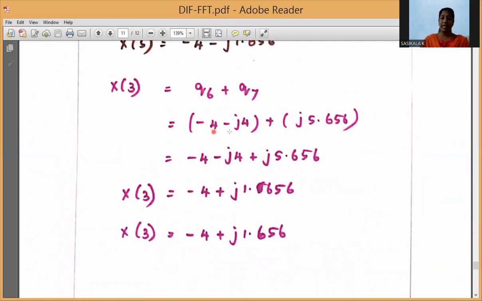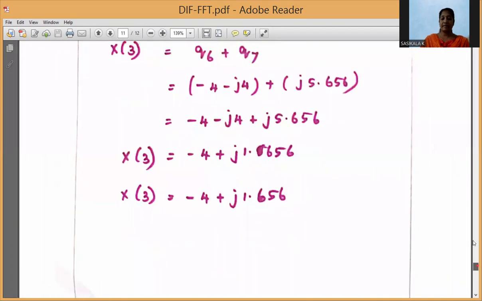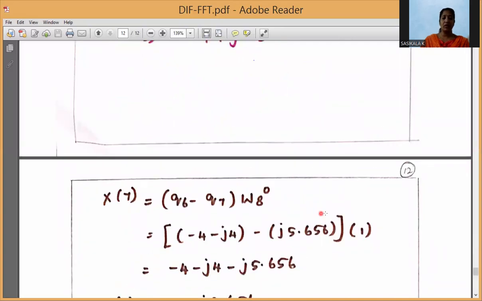So Q6 value is minus 4 minus J4 and Q7 value is J 5.656. So write the minus 4 as it is, minus J4 plus J 5.656. So come to the imaginary term. Here it is minus 4 is the coefficient, whereas here it is plus 5.656. So you have to subtract these two values. So X of 3 becomes minus 4 plus J 1.656.